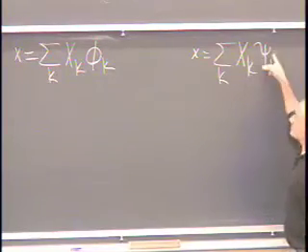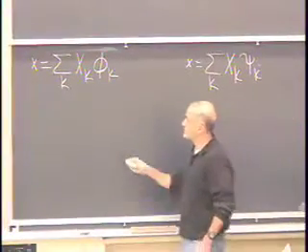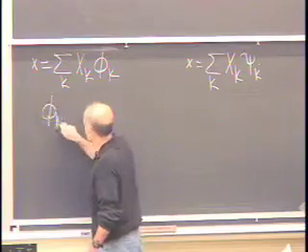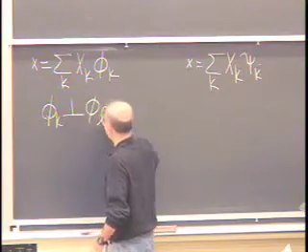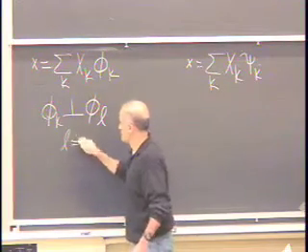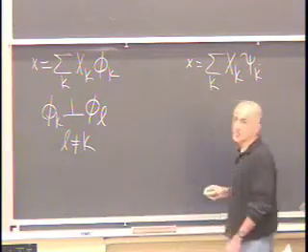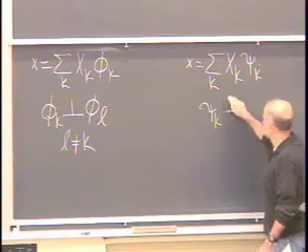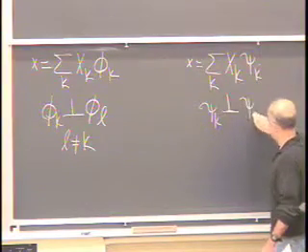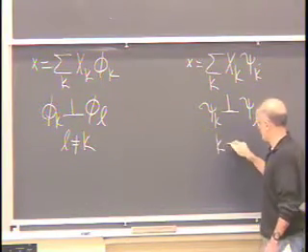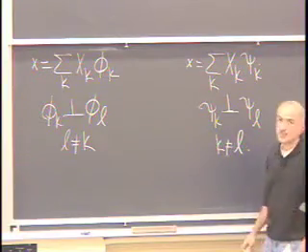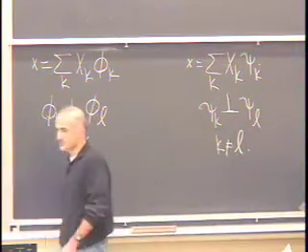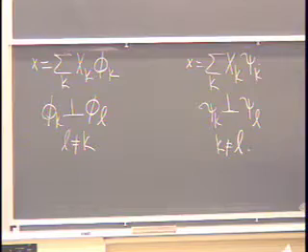One thing that was common was that different phi k's were perpendicular or orthogonal, and so are the different ck's. And that's a feature that we exploit in finding those coefficients.